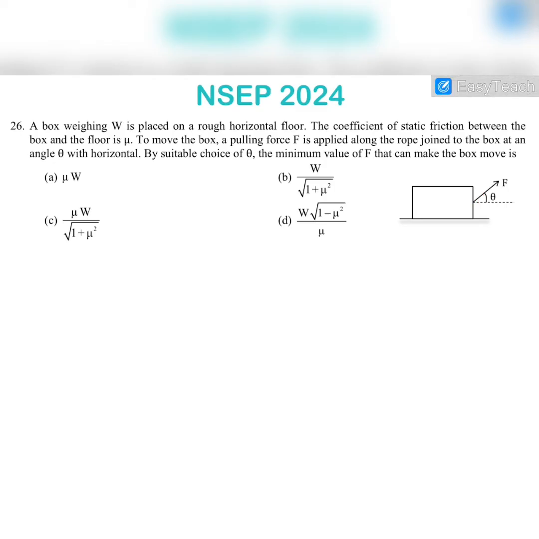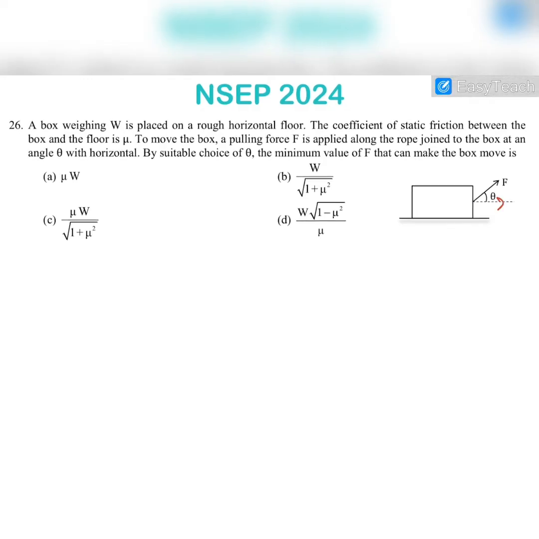So we have to find the minimum force F that can move this block. First of all, there will be two components of this F. You can also see the same concept in the playlist of friction, and I can also tell you the direct answer, but let us derive this situation.